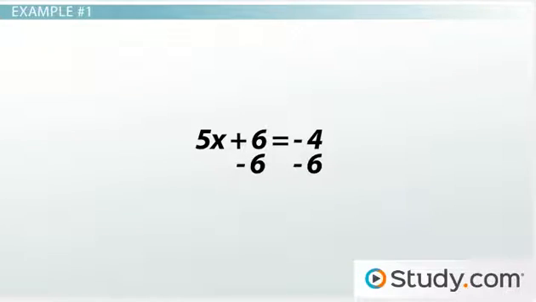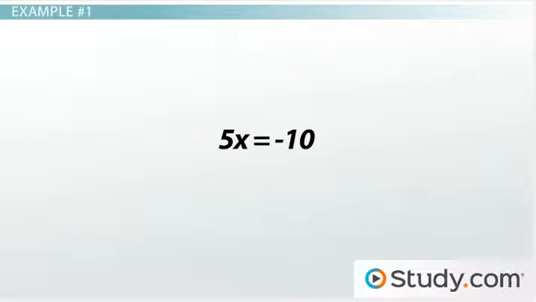Subtract 6 from both sides. Negative 4 minus 6 equals negative 10. Again, subtracting 6 will cancel out the positive 6, so we end up with 5x equals negative 10. Divide by 5 on both sides, and we cancel out the 5 and get x equals negative 2. It turns out x equals negative 2.